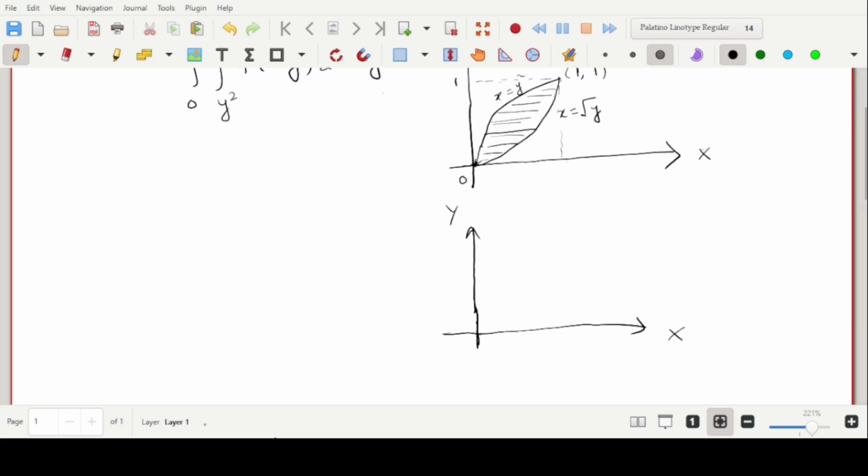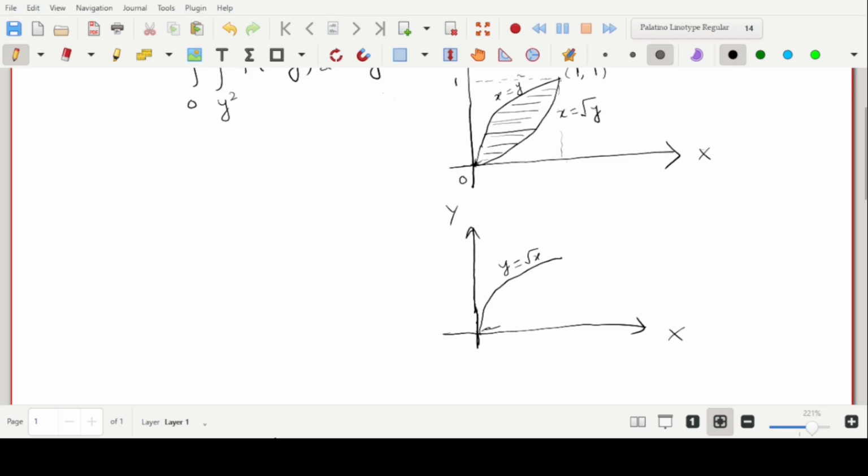So this first equation, x equal to y square, can be written as y equal to square root of x, and this, x equal to square root of y, can be written as y equal to x square.